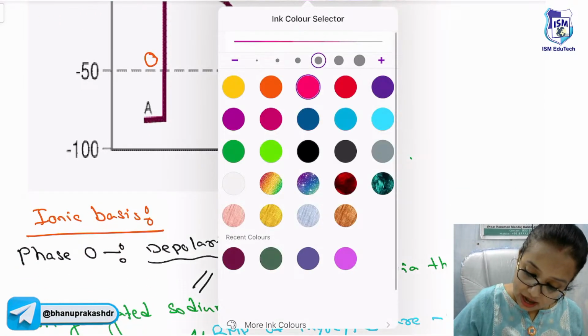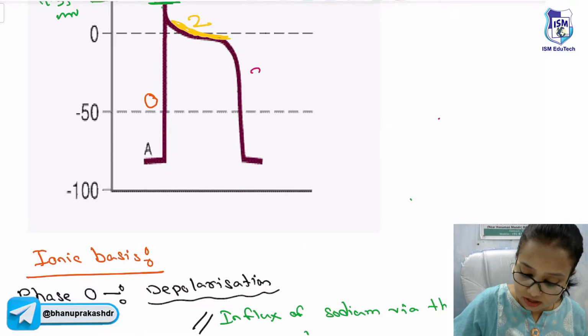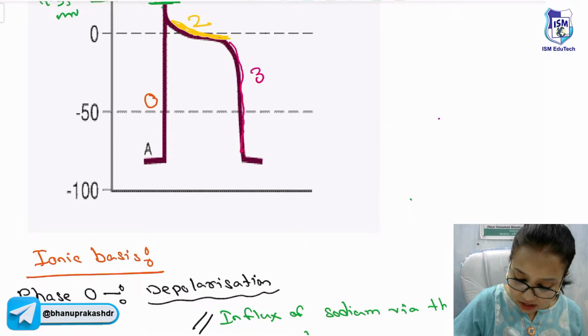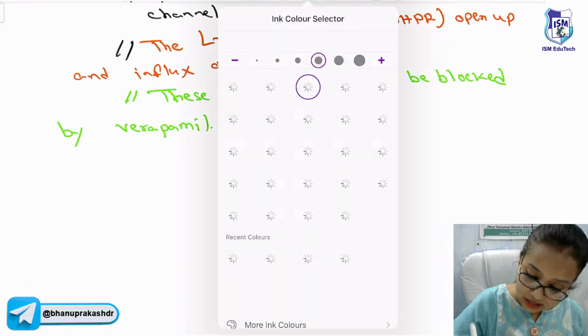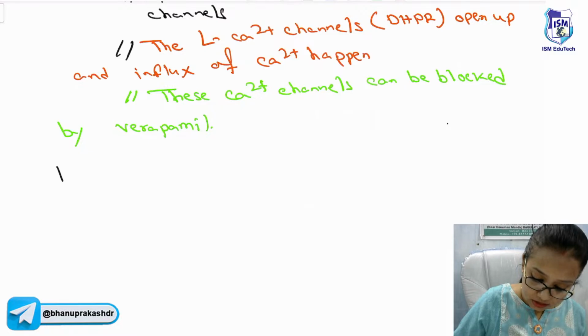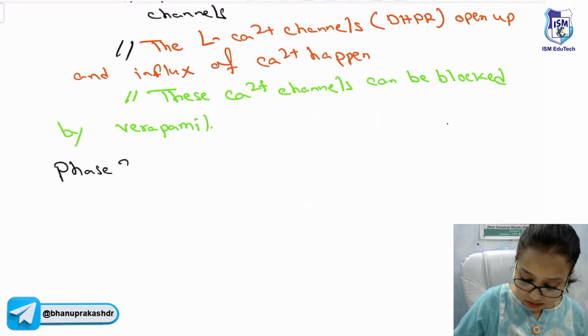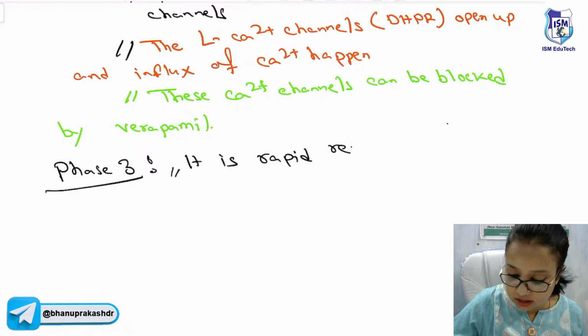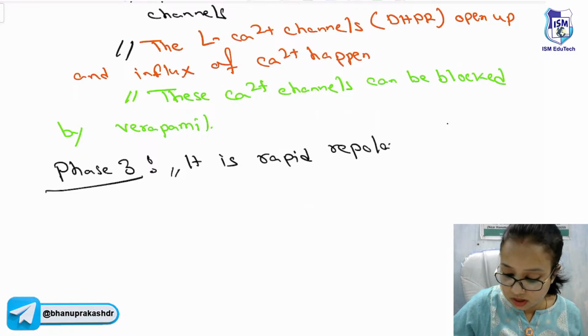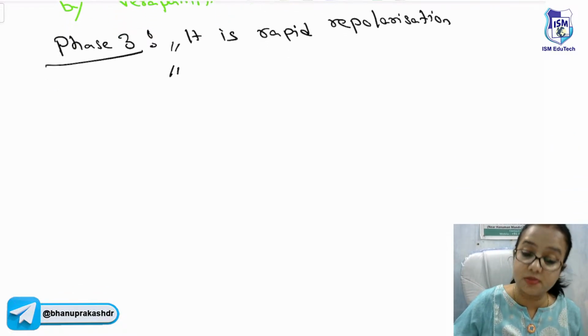Now, there is a rapid repolarization, like you can see a rapid fall. All of a sudden, it falls steeply, very fast and very steeply. So this is phase 3, rapid repolarization. What is the ionic basis in this repolarization?